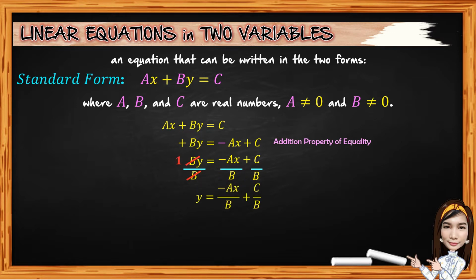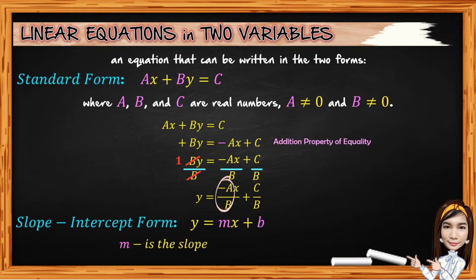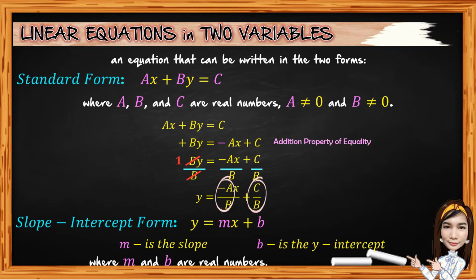We have y = -ax/b + c/b, and that is in the slope-intercept form, written as y = mx + b, where -a/b is the m or the slope, and c/b is the b or the y-intercept, where m and b are real numbers.